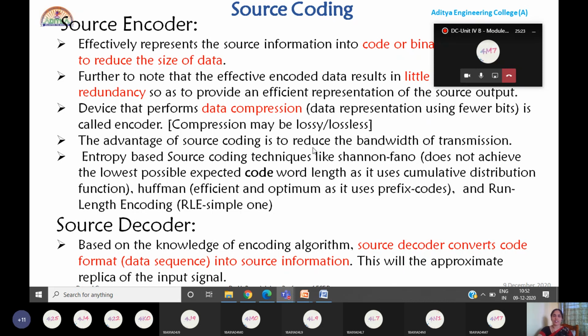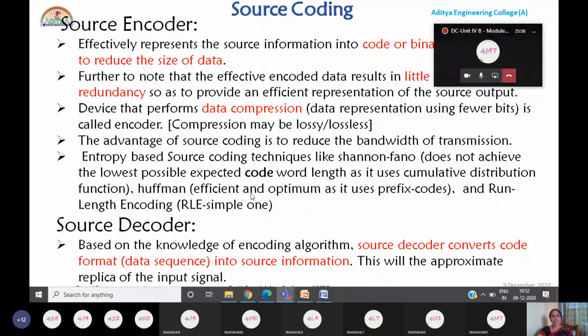It reduces the size of the input source information, so that redundancy can be reduced, data can be compressed and bandwidth can be reduced. The channel encoder is specifically used to detect and correct the error bits, which can be done by adding extra bits in known locations. That is the basic difference between source encoder and channel encoder.